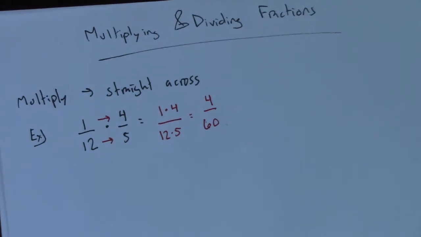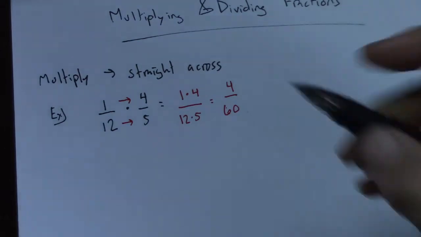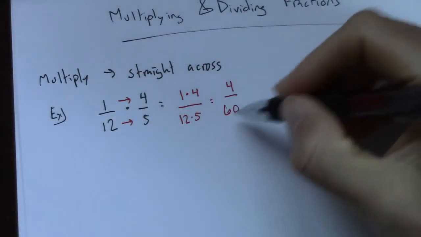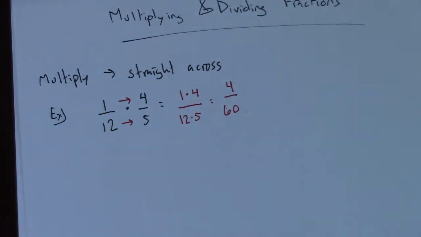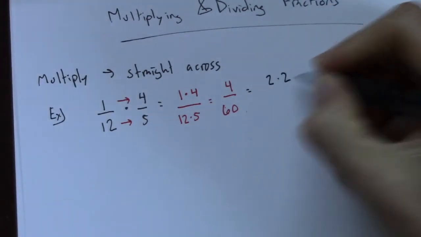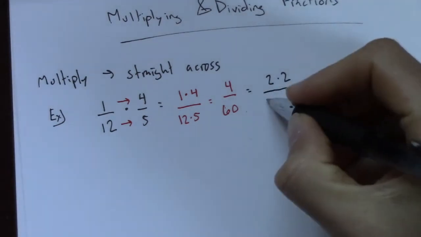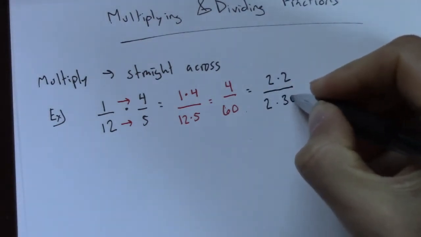However, we still need to write our answer in lowest terms, or reduced form, or simplified, however you want to phrase it. So we would need to do what we did in the last section and take this 4 and realize that that 4 is the same as 2 times 2, and then ask ourselves, yes, the number 60 I could write as 2 times 30.